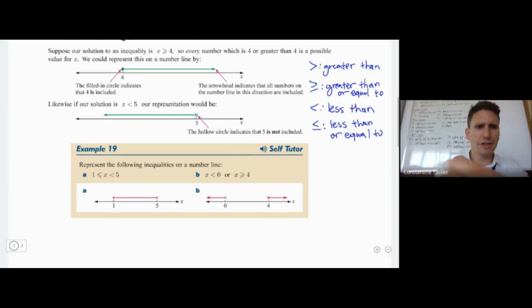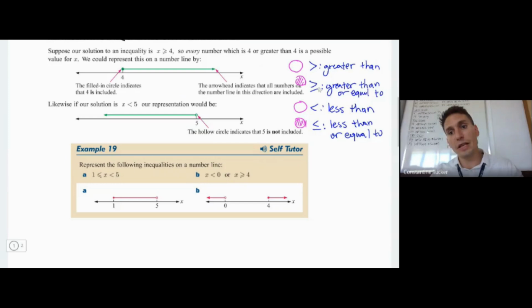We need to remember that when it's greater than, it's a hollow circle. When it's greater than or equal to, it's a solid circle. When it's less than, it's a hollow circle. And when it's less than or equal to, it's a solid circle. So if you have the equal to as well, you have a solid circle. If you don't have the line underneath, it's just a hollow, empty circle.